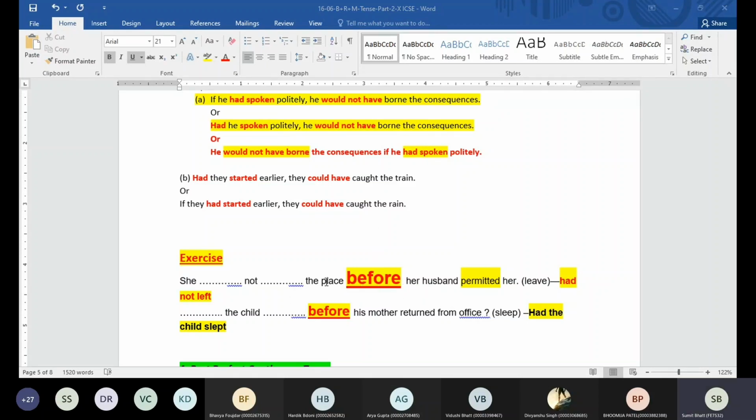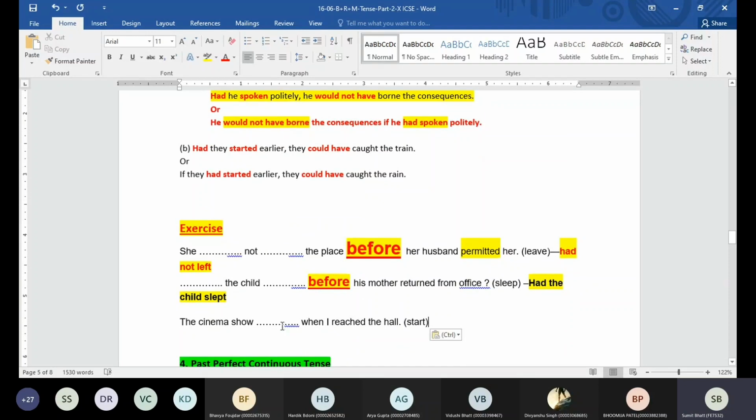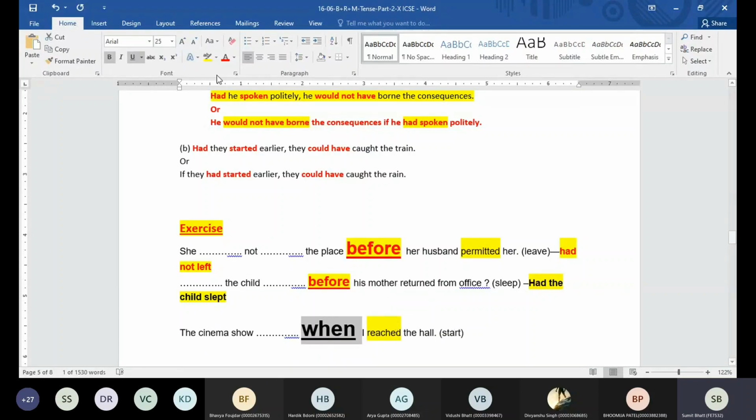Any doubt here? No, sir. Okay. Now let me ask you one more sentence. We have the sentence. The cinema show dash when I reach the hall. I'm using when I reach the hall, and this time we don't have before here, rather we have when. Let's see what I'm going to use.